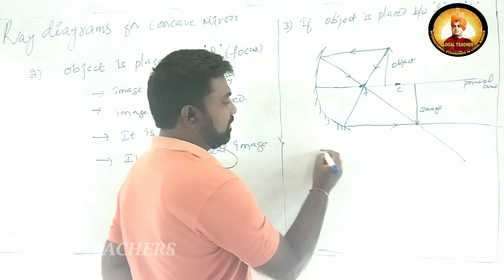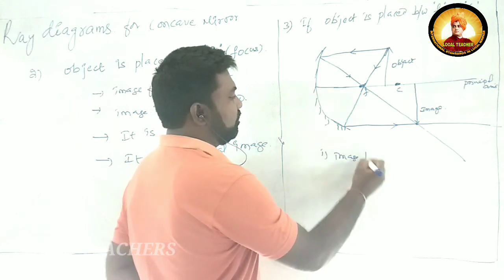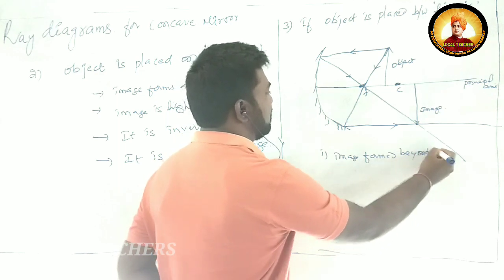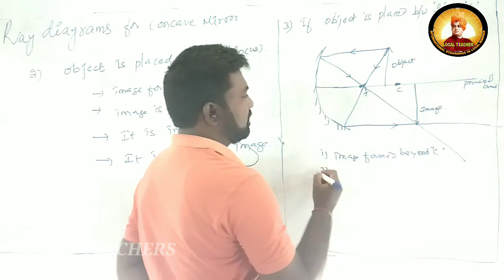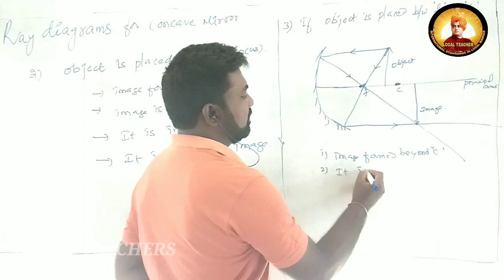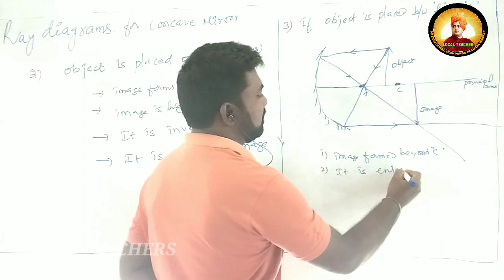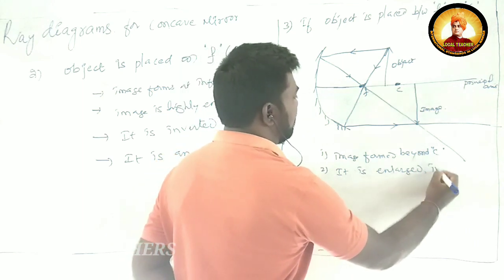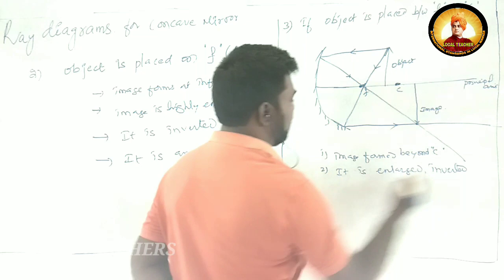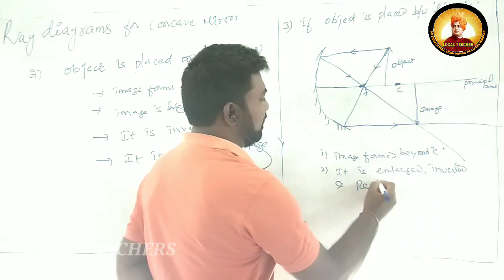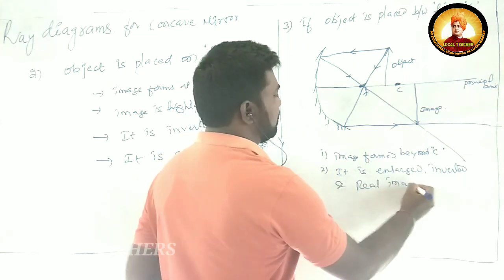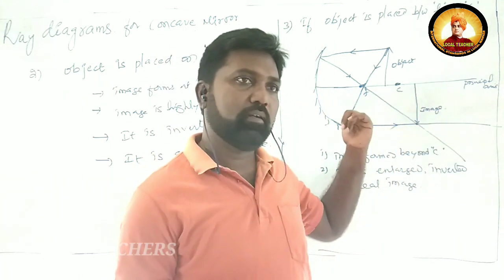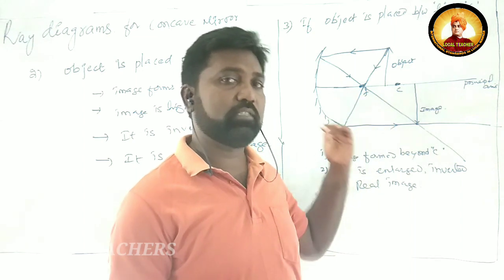So here we can write: the image is formed beyond C. Next, it is enlarged, inverted, and a real image.